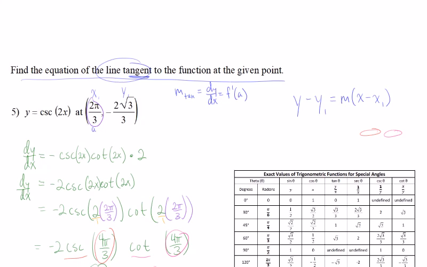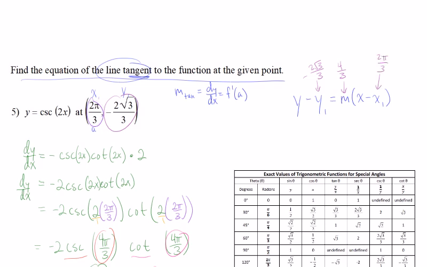Now we can plug all that into our point slope formula. Coming back here, we know the slope of the tangent line is 4/3, y1 is negative 2 root 3 over 3, and x1 is 2 pi over 3.